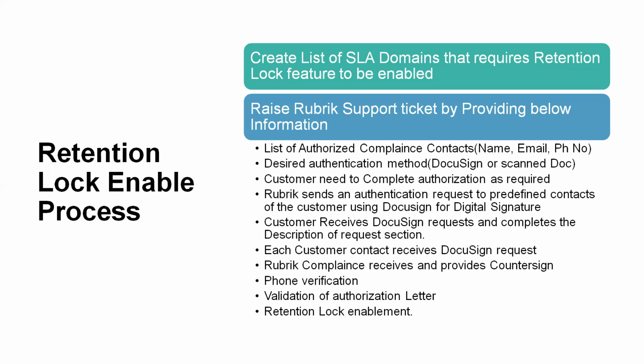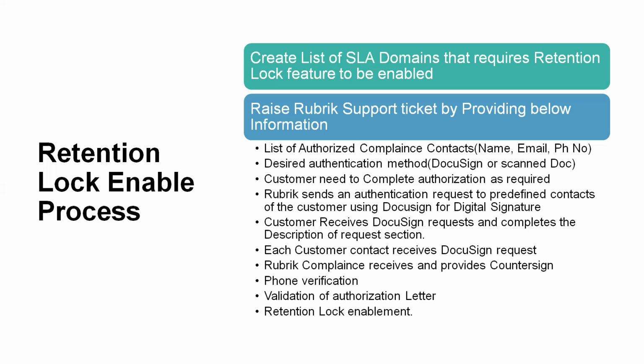Once we have created all the SLA domains, we list them and raise a support ticket with Rubrik and provide the following information. First, a list of compliance contacts. Each organization requires two or three contacts; contact name, email ID, and phone numbers are required.